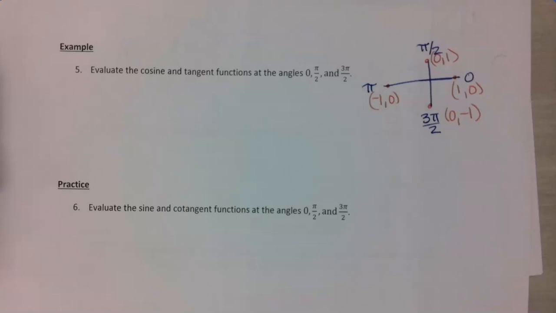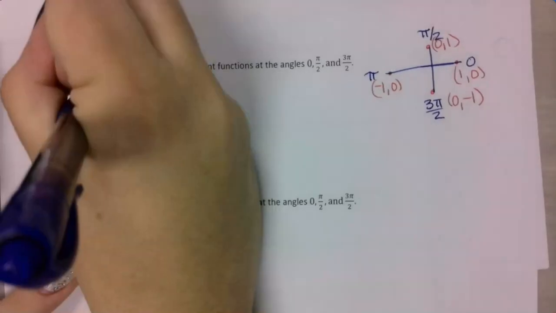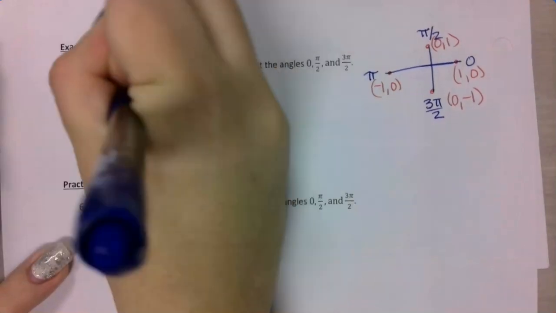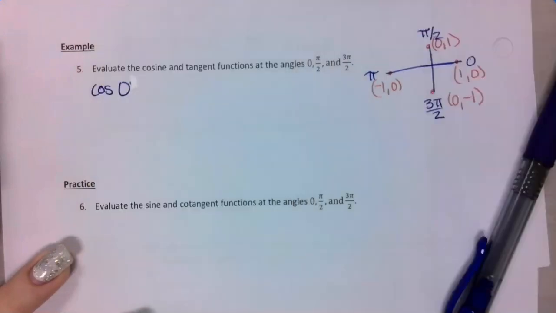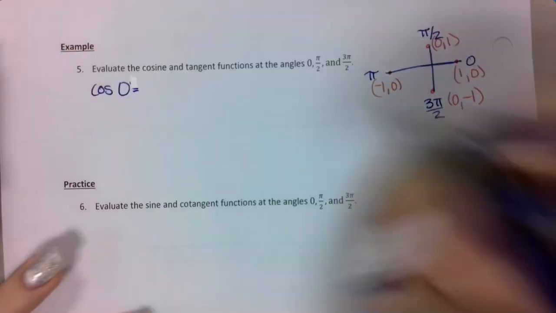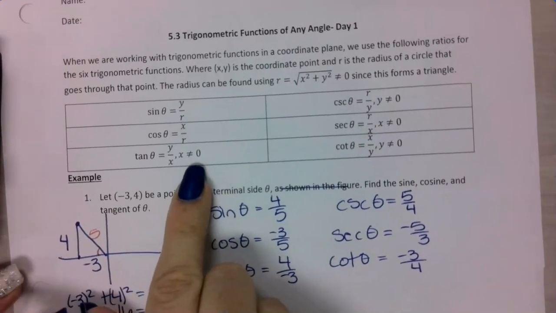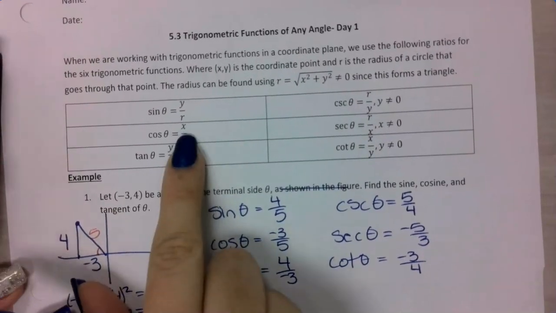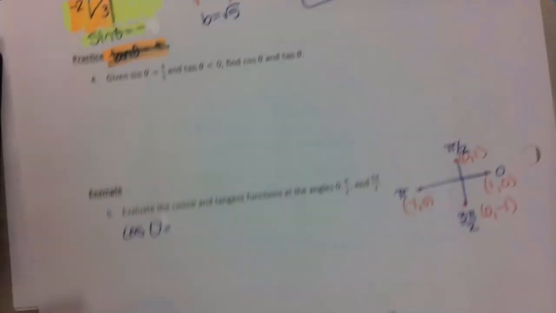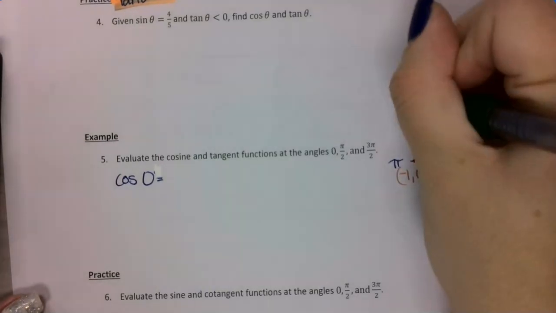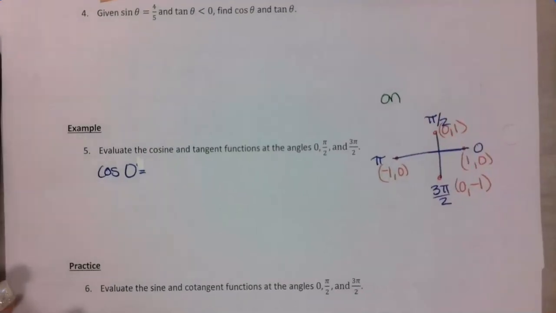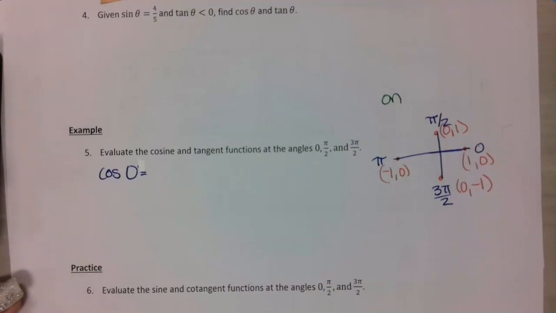Okay. And then I want to find the cosine and tangent of each of these three. So on this one, I'm finding cosine of, no, these aren't degrees, these are radians. Cosine of 0. So I am actually going to use these formulas from the front. I'm going to use my x value over my radius, and on the circle, everything has a radius of 1.